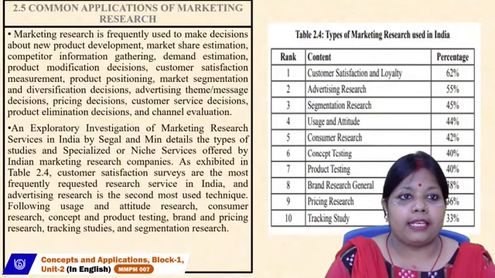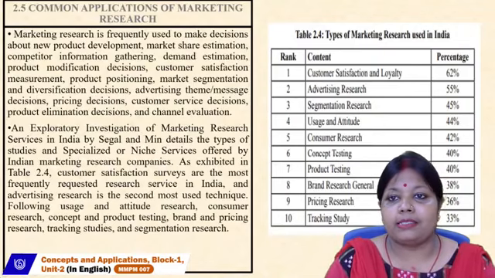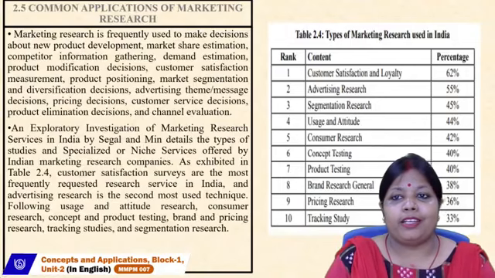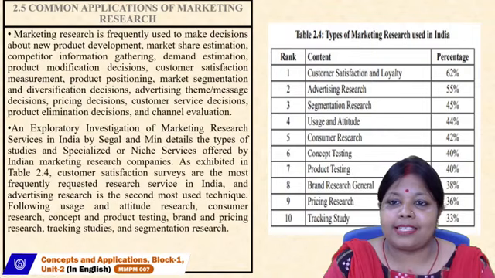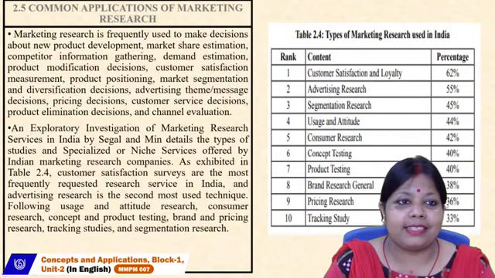Here we can see the common applications of marketing research in table 2.4, that is, what the contents are. There are also 10 contents and their contribution percentage is there.